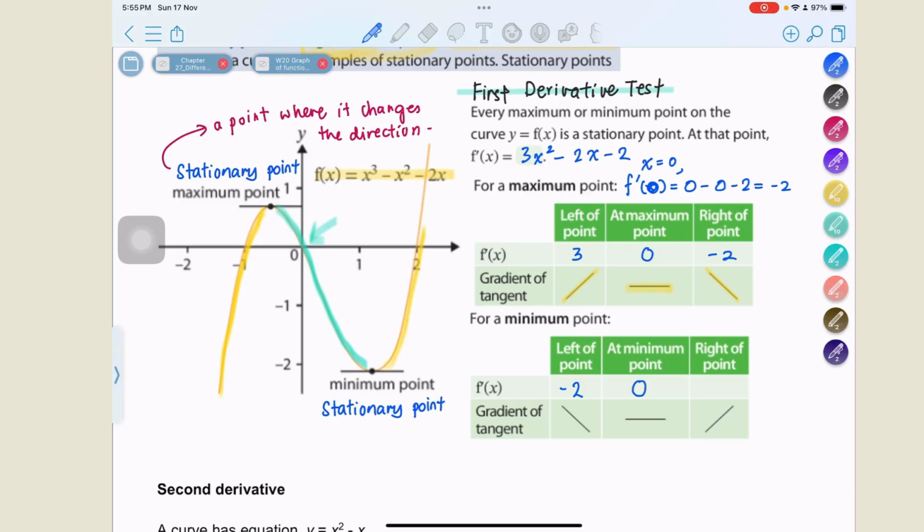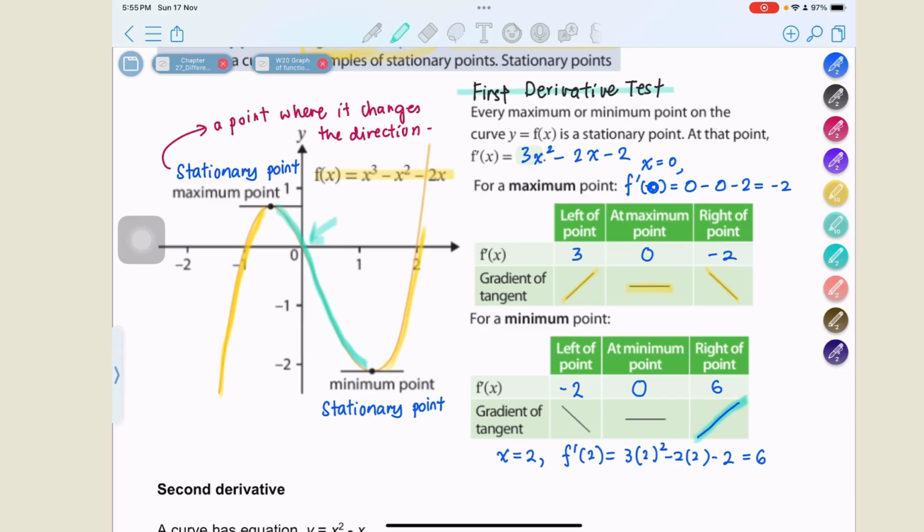Let's say I choose 2. What happens to my f prime x? I get 3 bracket 2 squared minus 2 times 2 minus 2. From here, I get 6. I get 6 for my value, so my tangent to the curve is going up. It's positive.